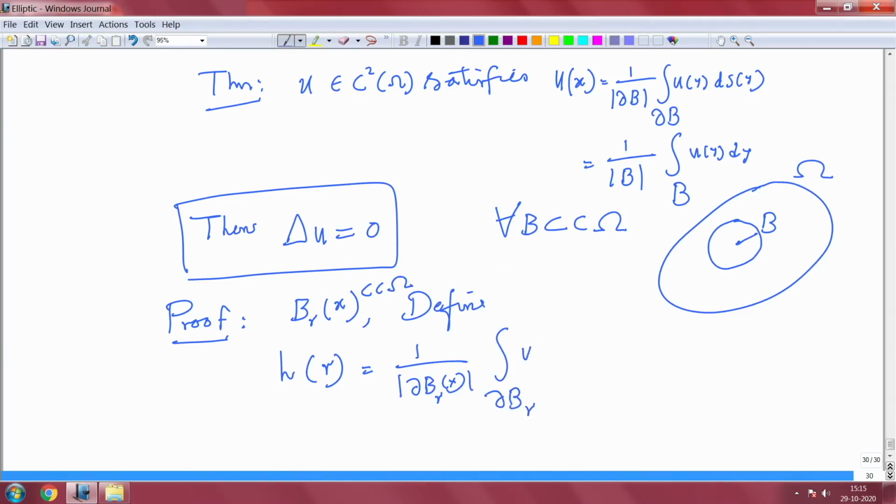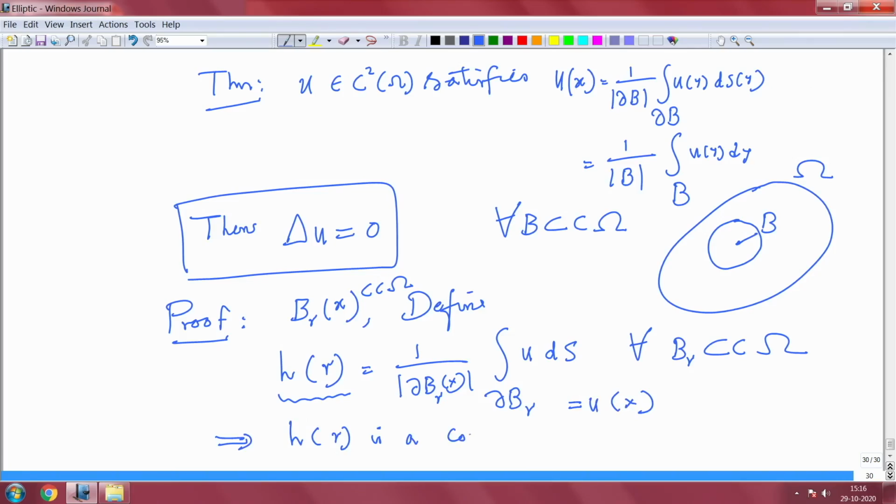This is true for all B_r contained in omega, which means the right-hand side is independent of the ball. It is the same value that is given to be u(x). That implies h(r) is a constant function in a neighborhood.